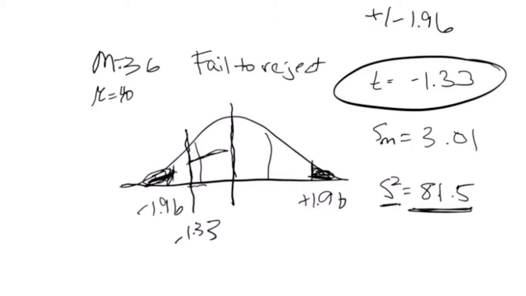Now, if our mean had been in one of the critical regions, we would have rejected the null hypothesis because we would have said it's so unusual to find a mean such as ours that we think that maybe there is a treatment effect, that our sample comes from a population with a different mean altogether. It's different. But we're not saying that. We failed to reject the null hypothesis in this case. In this case, there's no difference in the scores between summer school students and students in the general population.